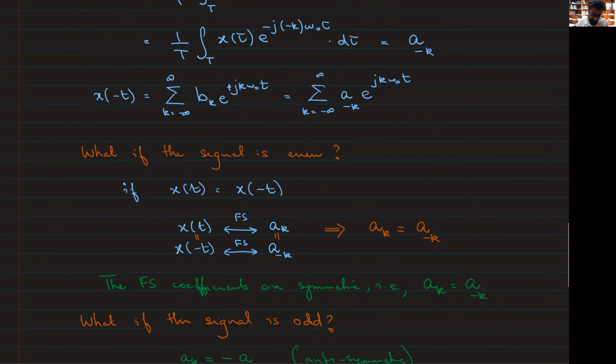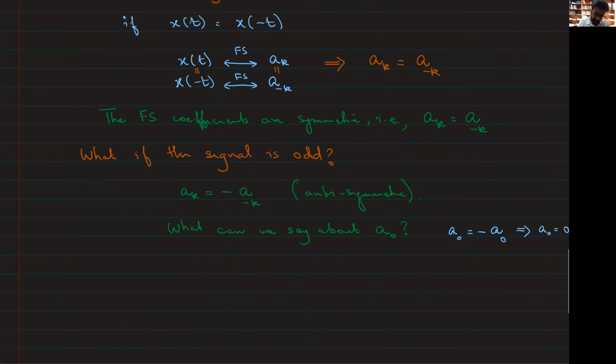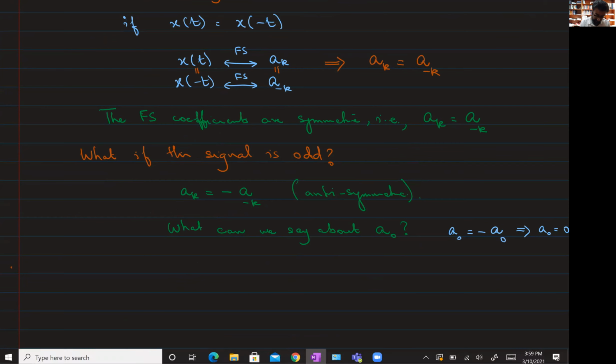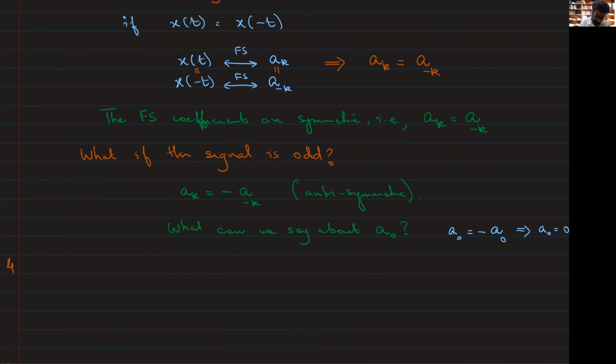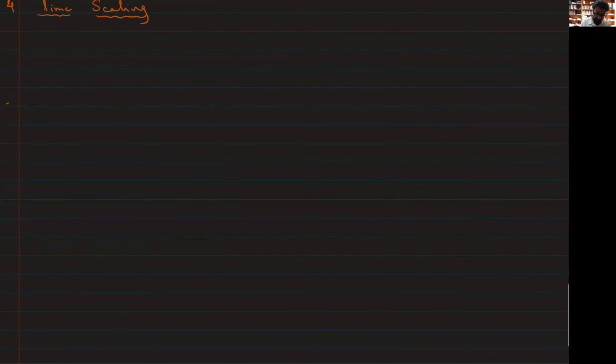I quickly want to talk about another property here, which is time scaling. What do I mean by time scaling? What that means is, x of t has Fourier series coefficients given by a k's.